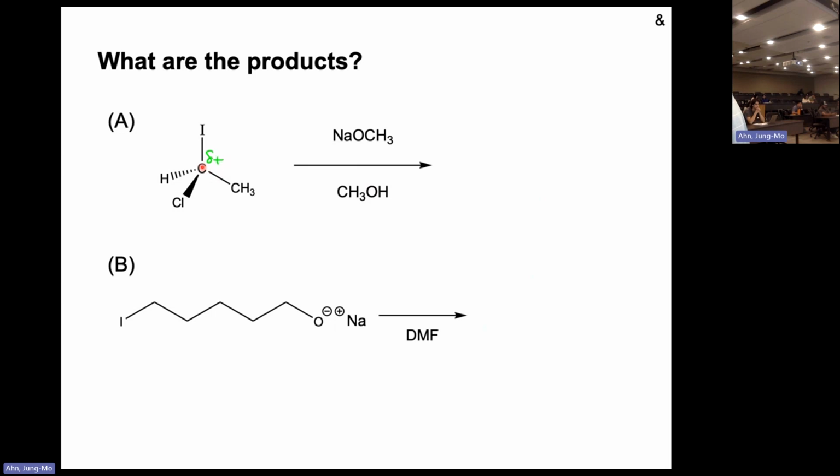So this is the carbon that the nucleophile attacks. The question is, is it going to attack this carbon from the opposite side of the chlorine and kick the chlorine out, or attack from the opposite side of the iodine and kick the iodine out?